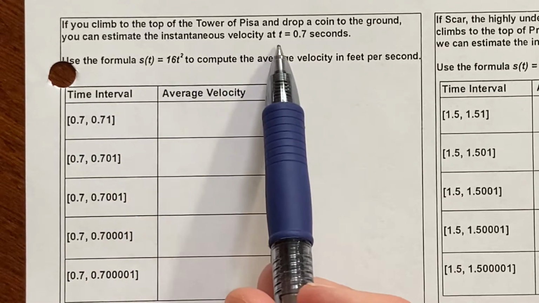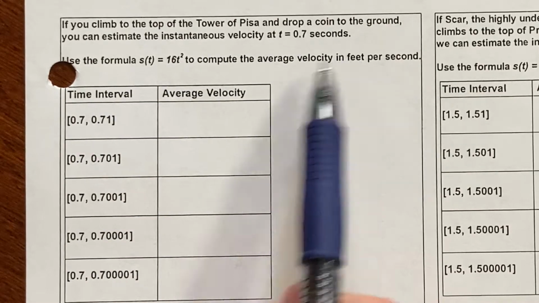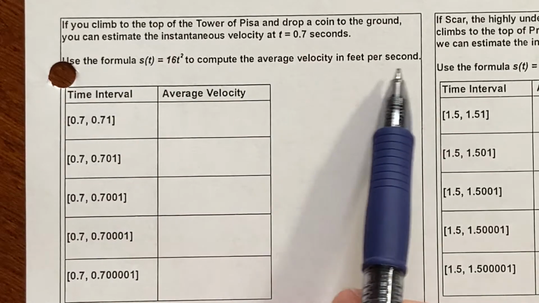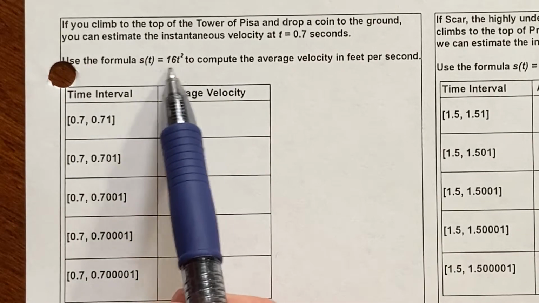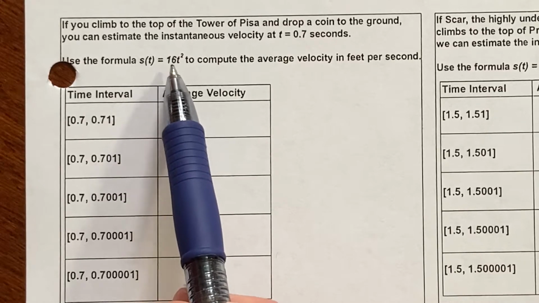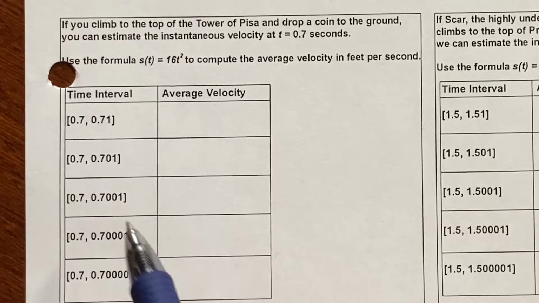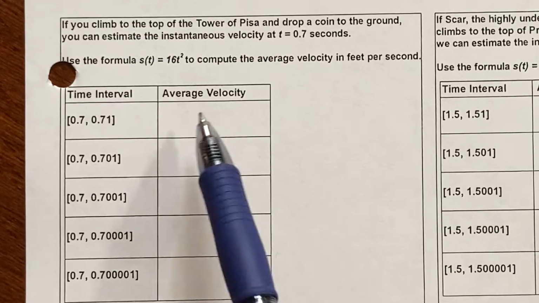It says instantaneous velocity at 0.7 seconds. Use the formula 16t squared to compute the average velocity. So this is going to be our function, just like we've been using, and we're going to use this function and these different time intervals to come up with our average velocity.